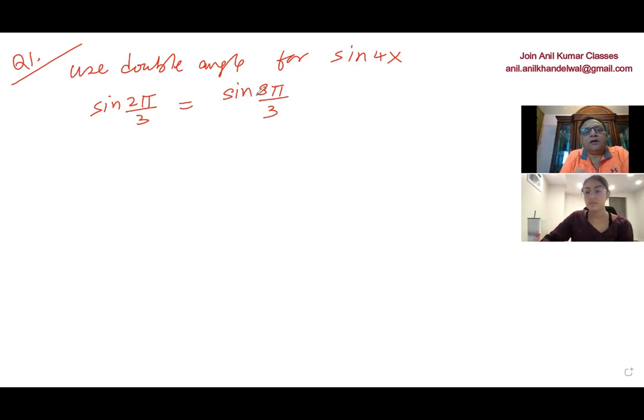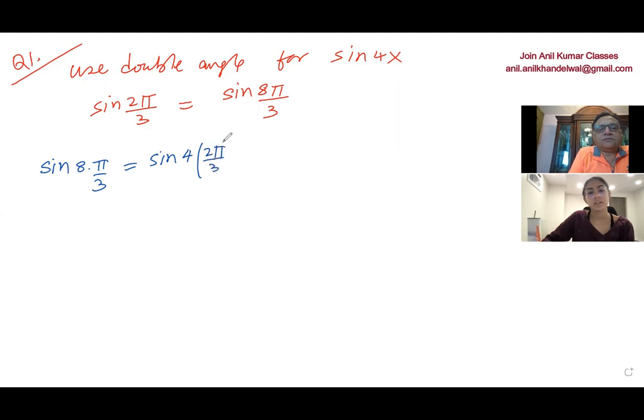So, basically, sine 8 pi by 3 is 4 times this, right? Sine of 8 pi by 3 can be written as sine of 4 times 2 pi by 3.